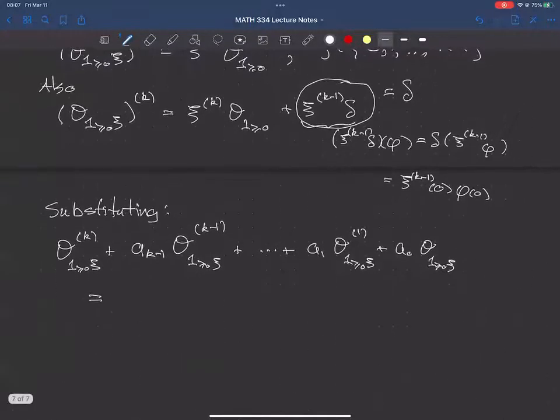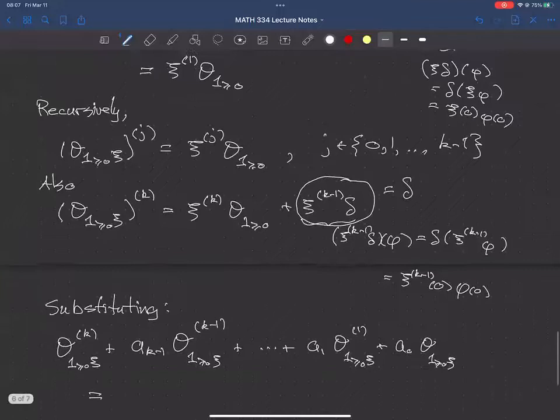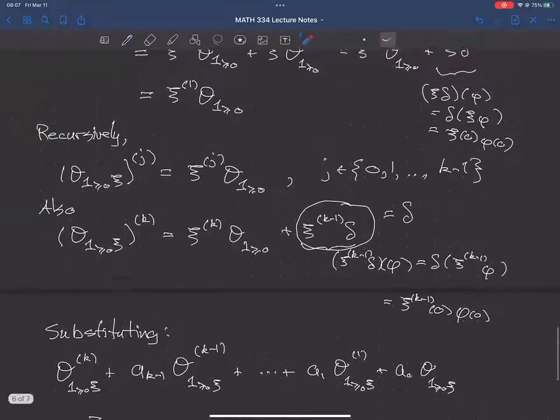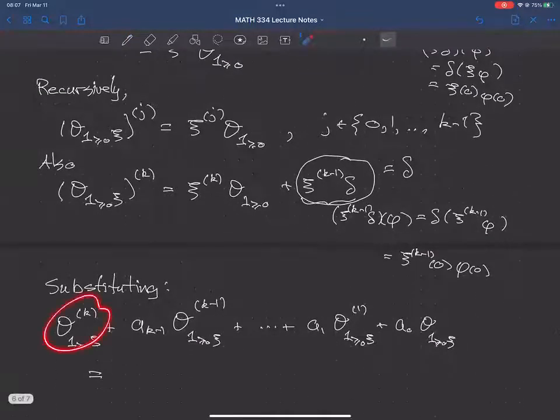What you get is that all of these derivatives, except for the top one, are just going to come in a form like that.